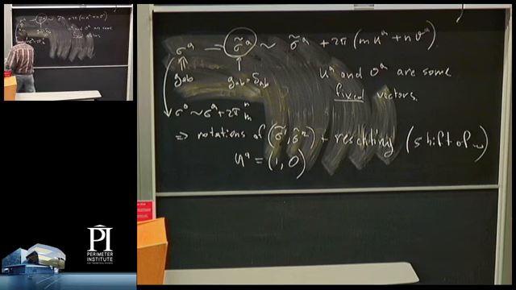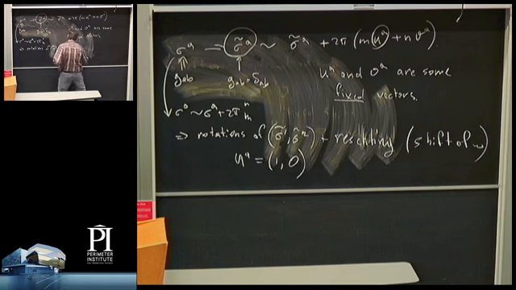In other words, doing rotations of sigma tilde 1, sigma tilde 2 plus rescaling, which is nothing but a shift of omega, right? So what we can do is choose this vector u_A to be (1, 0).